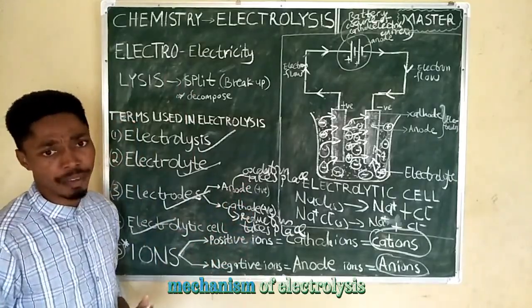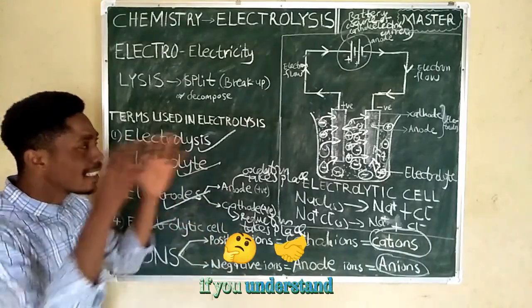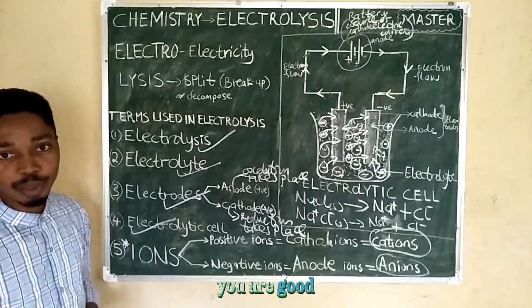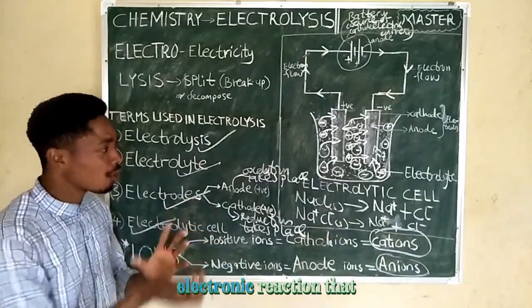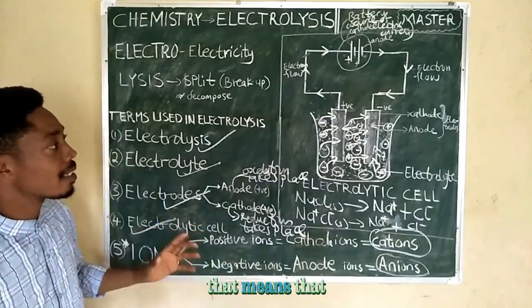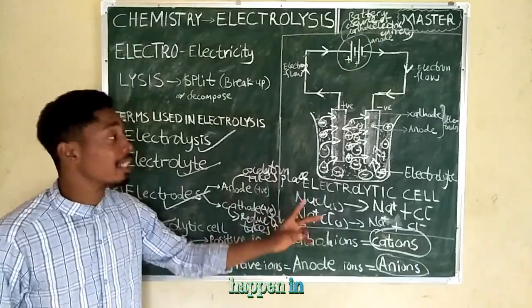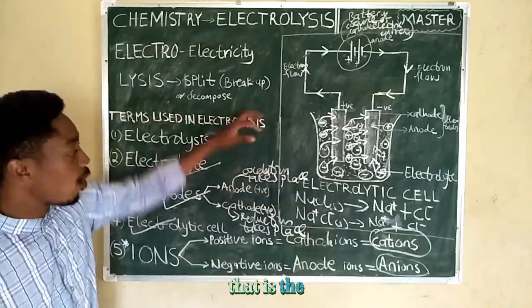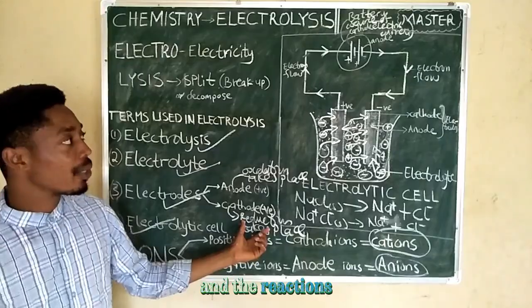This is the mechanism of electrolysis. If you understand this basic in electrolysis, you are good to go because this is the foundation. These are the electrolytic reactions that take place. That means there are two major reactions that happen in the electrolytic cell: the oxidation reaction and the reduction reaction.